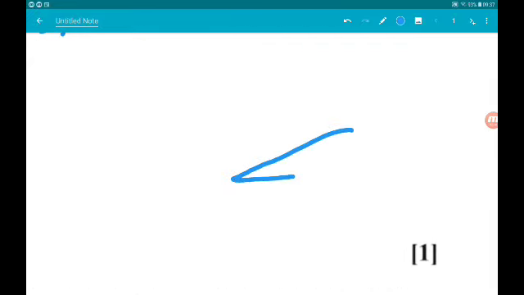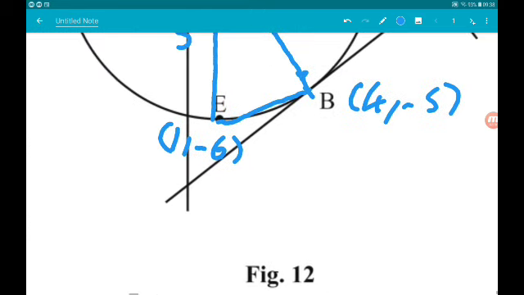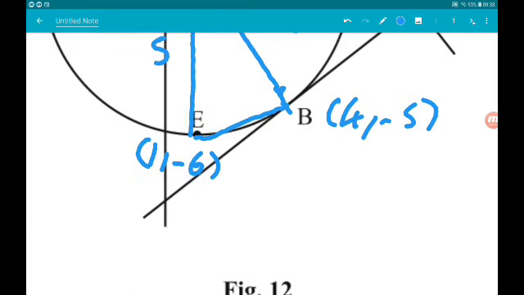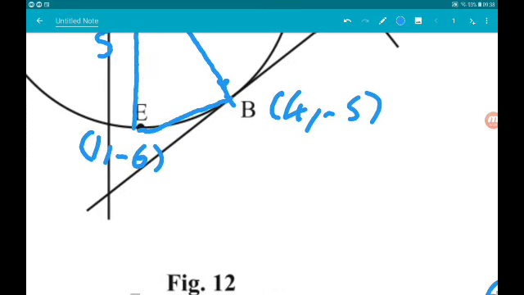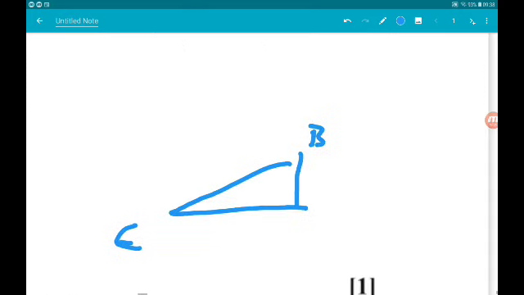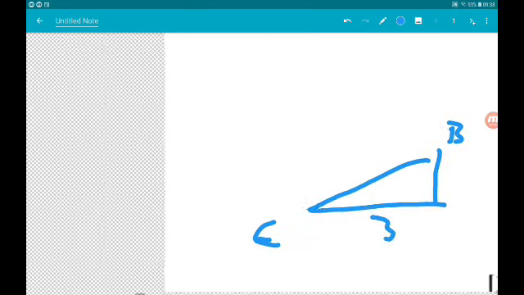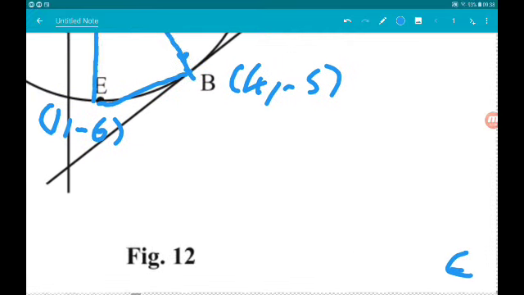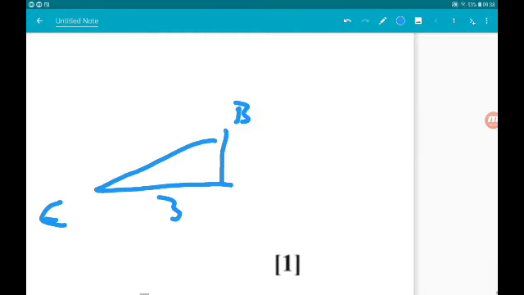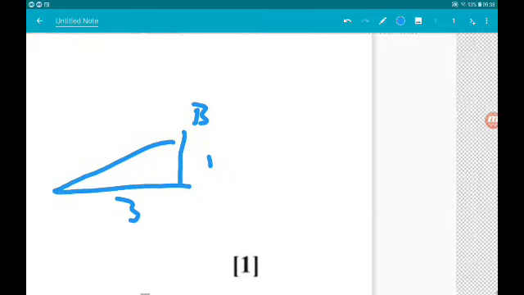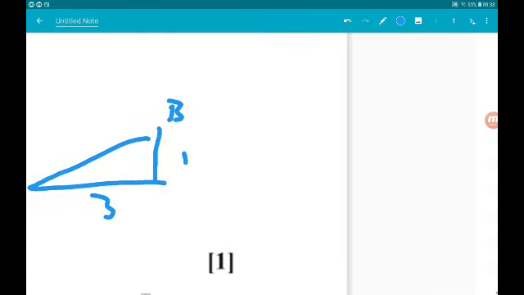We got this little right angle triangle EB. We know the length is 3. Yep, 3. And we know the height is 1. So we know 3 squared plus 1 squared is EB squared.